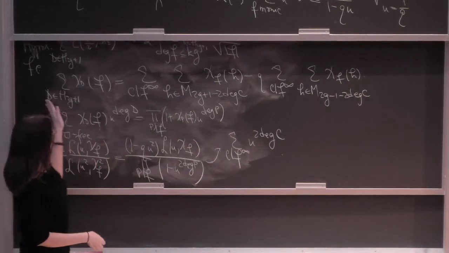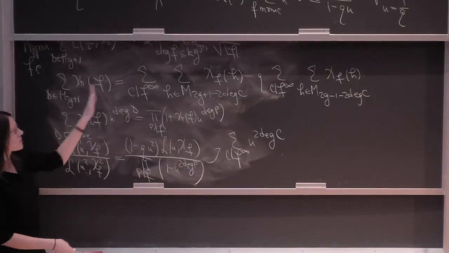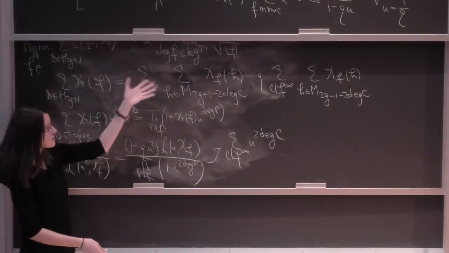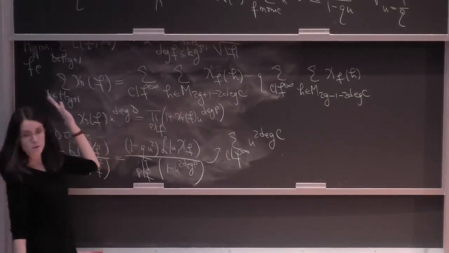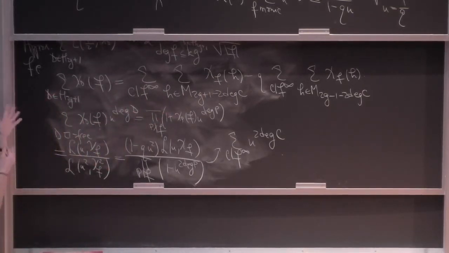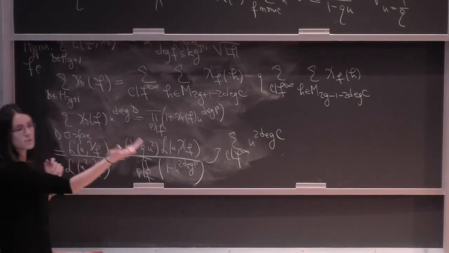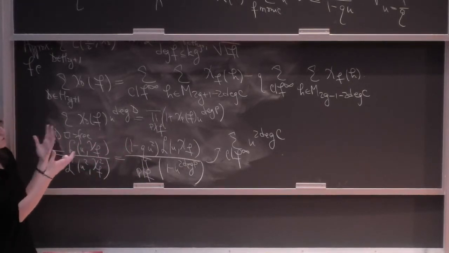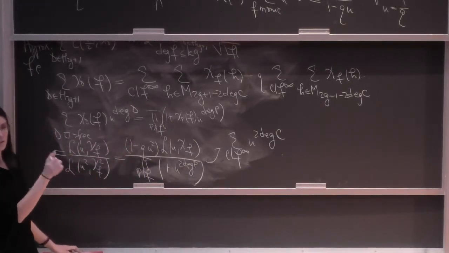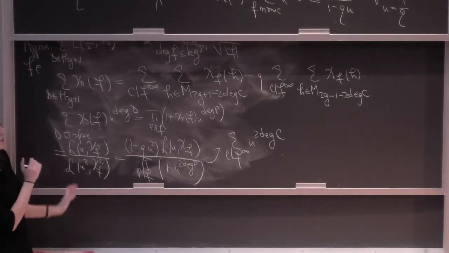So I managed to express the sum over square-free polynomials in terms of sums over monics, and it's easier to deal with entire sums over monics than dealing with sums over square-free polynomials. And it's the same in the number field case when we want to express sums over square-free numbers in terms of full sums over integers. But over there, of course, we need to introduce the Mobius function to detect the square-free condition.